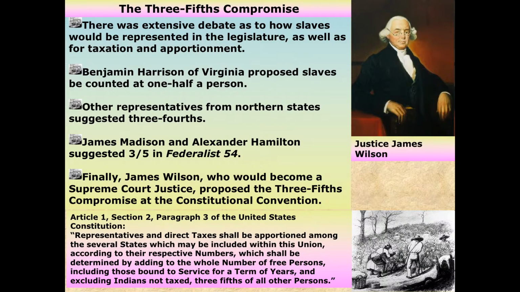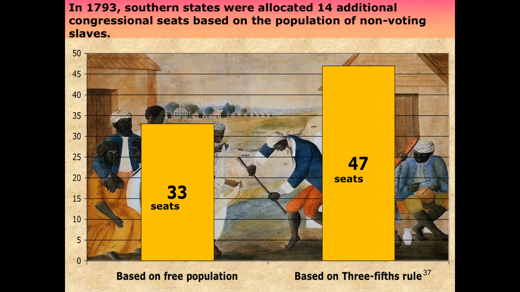So, our 3/5 compromise works like this. For every 5 slaves, 3 count for population purposes. So when we apply this rule here, if we're just going on free population in southern states in 1793, they would only have 33 seats in Congress, in the House of Representatives. Now, when we add the 3/5 rule to that, you see that number jump up drastically to 47.